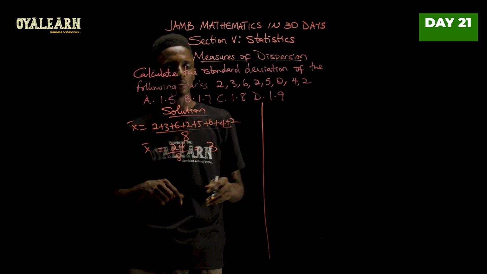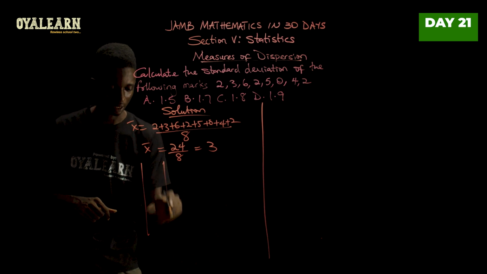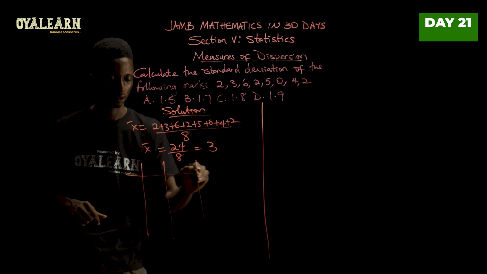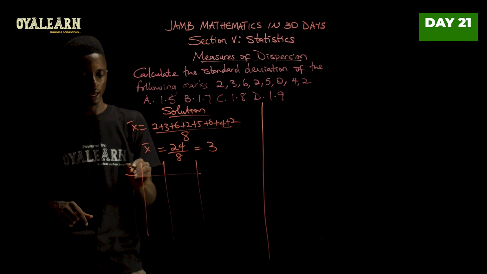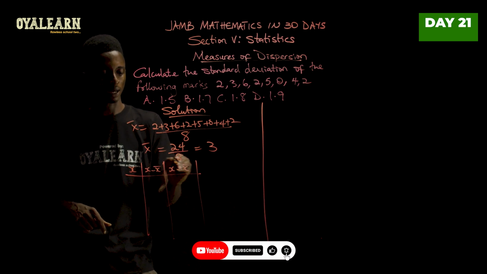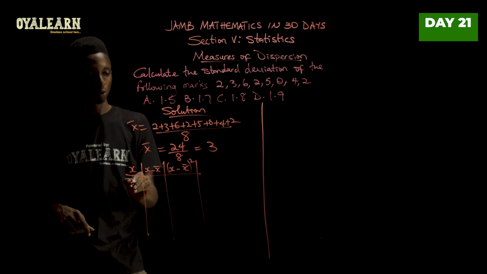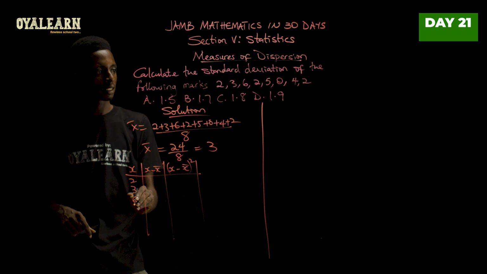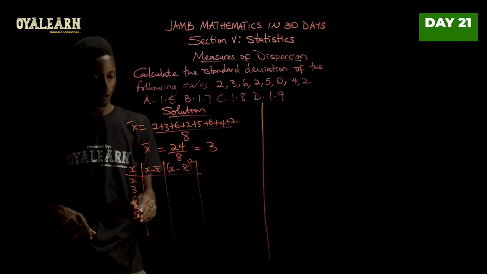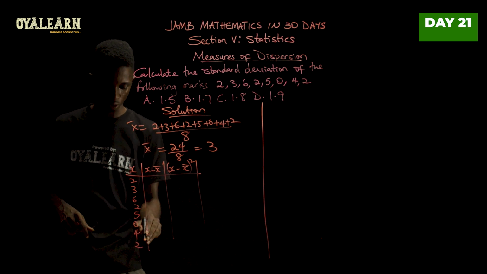Now that we have the mean, let's go on to find standard deviation using this table. Right, so we have x, so x minus x bar, and then x minus x bar in brackets squared. So x is 2, 3, 6, 2, 5, 0, 4, and 2.